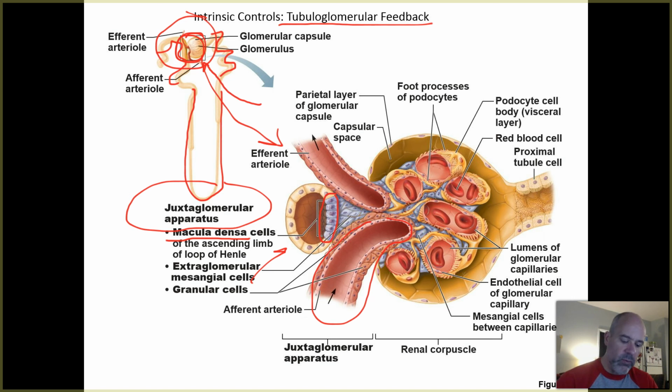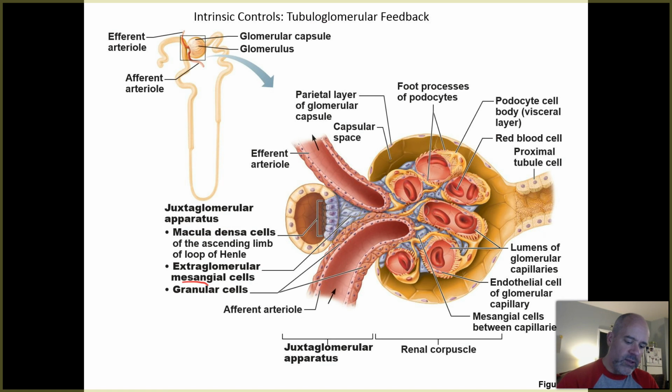And then the other cells we'll really be talking the most about over here are these granular cells. And so they're located right in here, and you've also got some over here. The granular cells secrete renin.